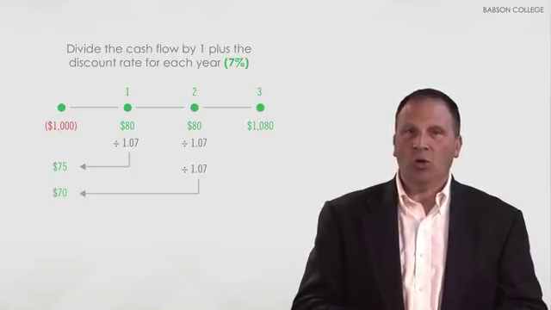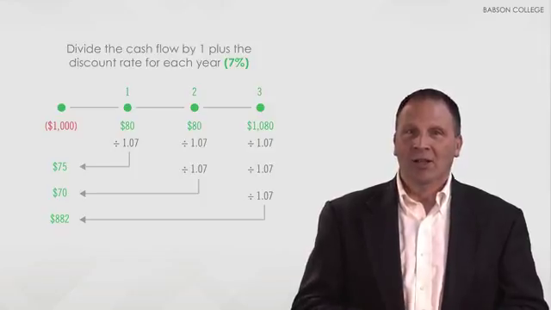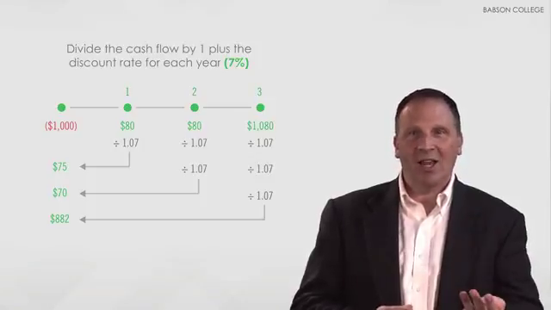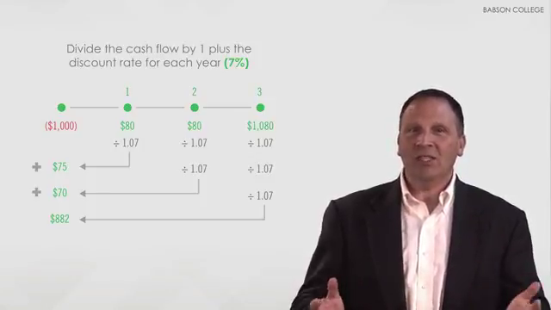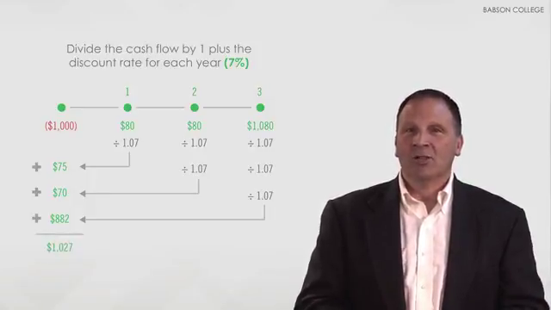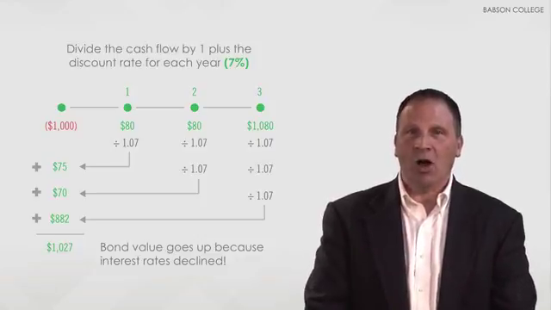The year 3 total cash flows of $1,080 divided by 1.07 3 times will give you $882. So we have present values now of $75, $70, and $882, and if we sum these together, we now get $1,027. So the value of this bond has increased because interest rates have gone down.